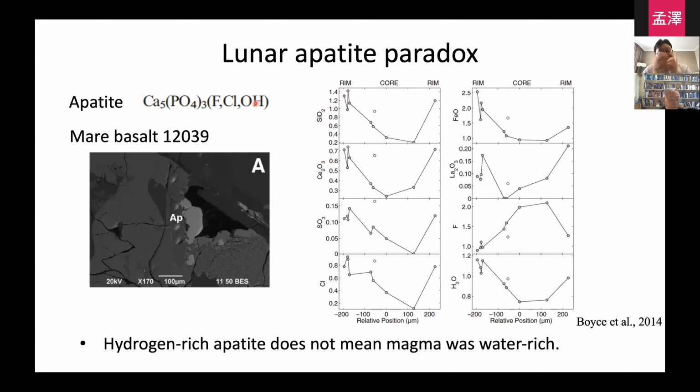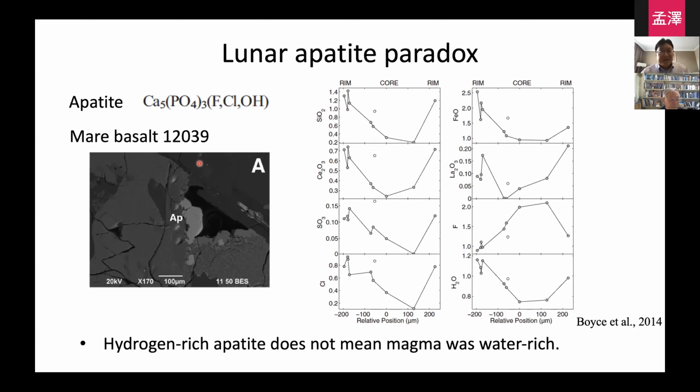For this hydrous mineral, in 2014, Boyce and his colleagues showed that the water content measured in lunar apatites actually cannot be directly used to infer the water content in the parent magma.